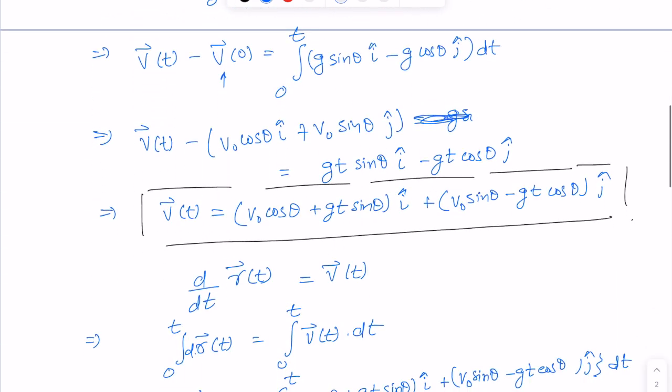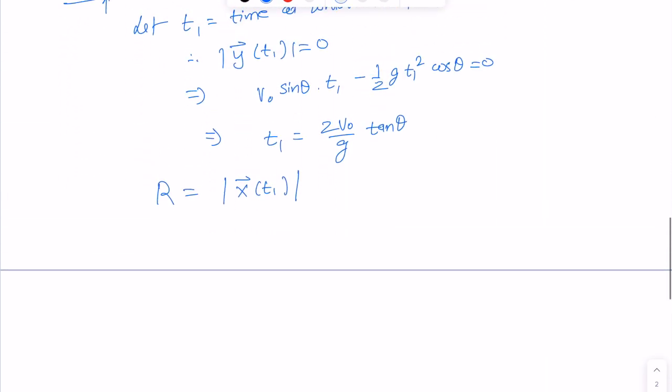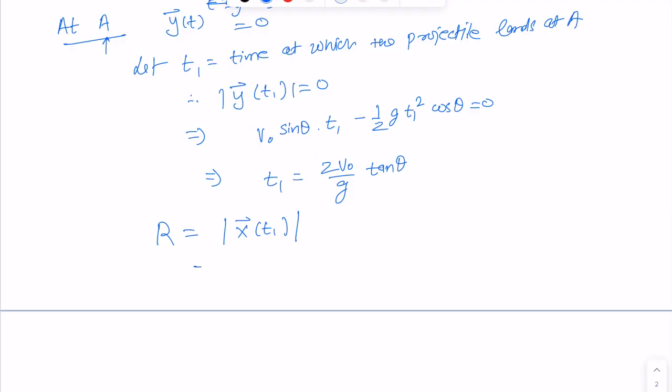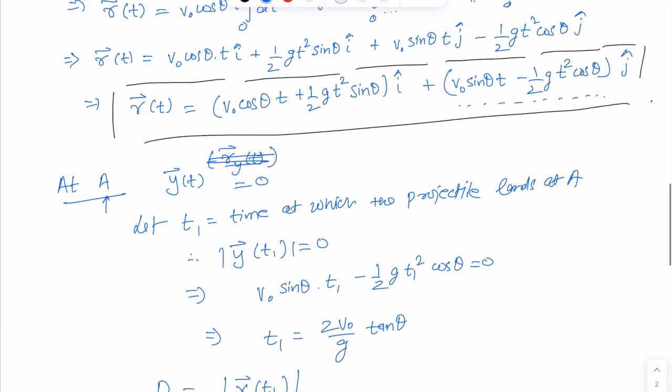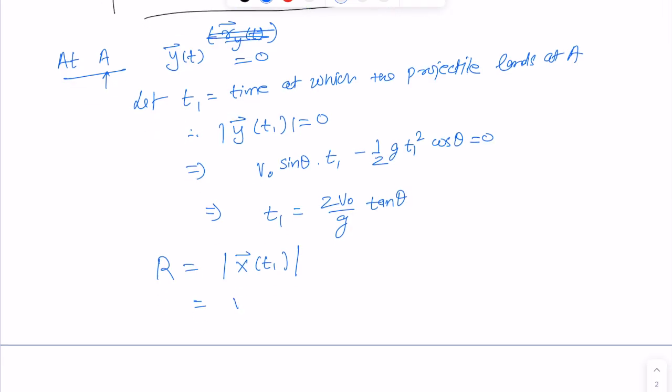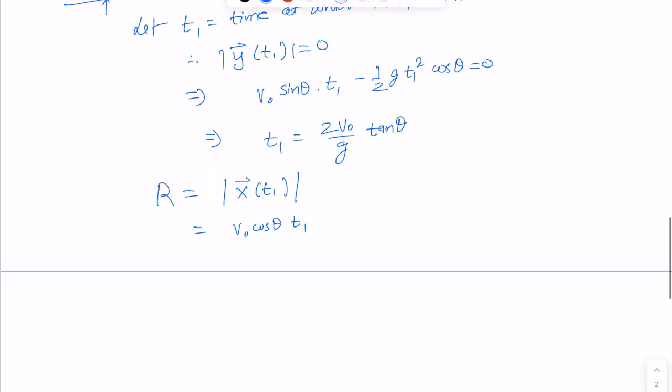That is what we are after. So we are very near to the solution. So now the x component of the position vector is given by v naught cos theta t plus half g t square sine theta. So v naught cos theta t1 plus half g t1 square sine theta.